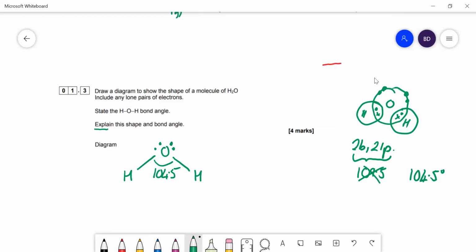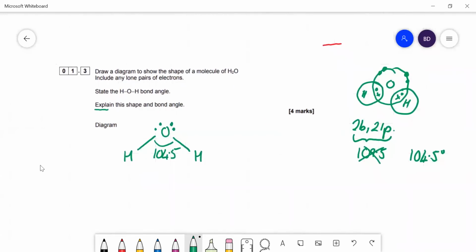Show the shape, and then we need to explain the shape. Whenever you get these sort of questions, you always need to say that pairs of electrons repel each other, which you may feel is stating the obvious, but it's usually in a mark scheme. Pairs of electrons repel each other.